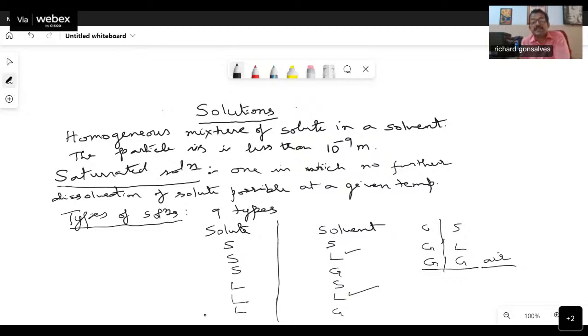Therefore, don't be under the impression that two components only need to be there. You can have more than two components, but it should be homogeneous, completely mixed with one another. You can have 4, 5 components also. It can be called a solution. Generally, we are speaking about solute in a solvent. One which is less is called solute. One present to a larger extent is called solvent.